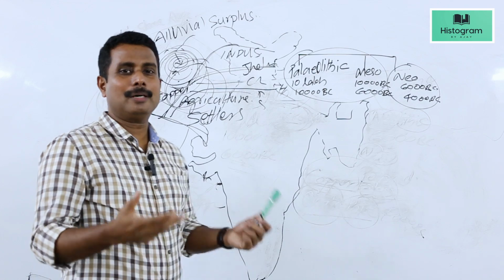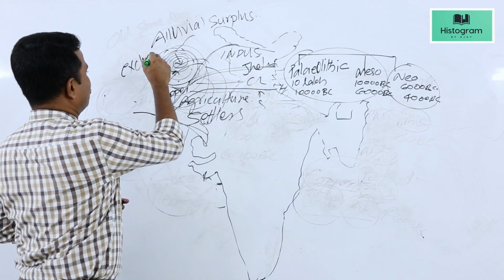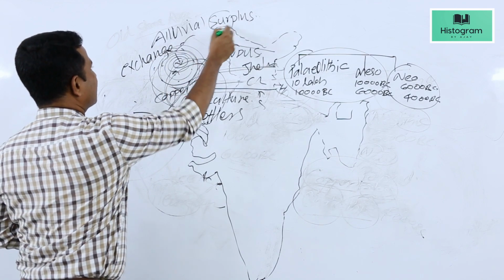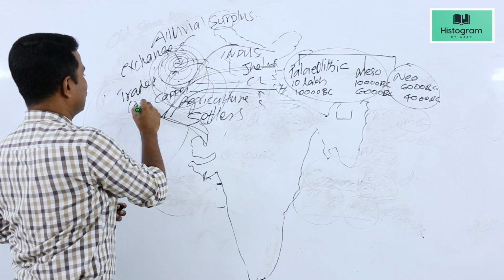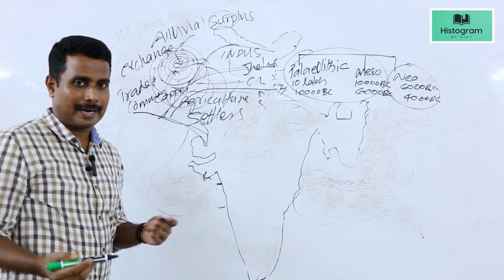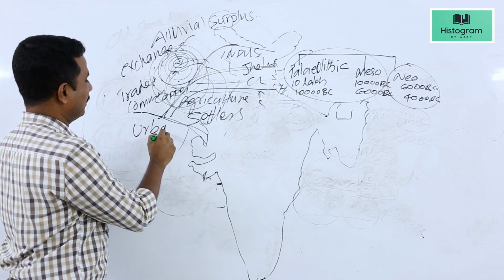This surplus enabled them to exchange their agrarian surplus, leading to trade and commerce. So trade and commerce obviously led to urban life.